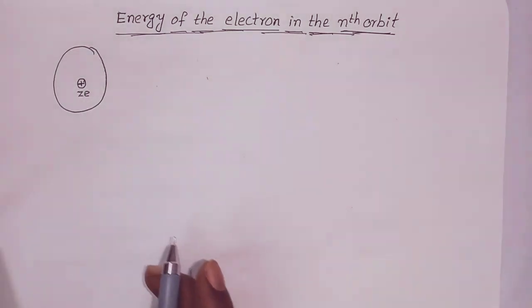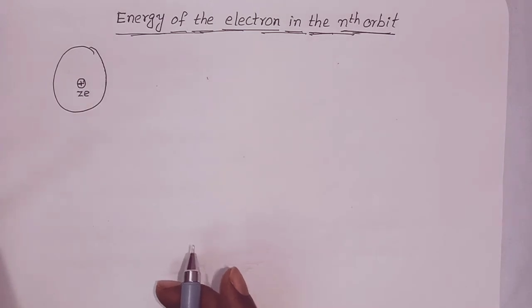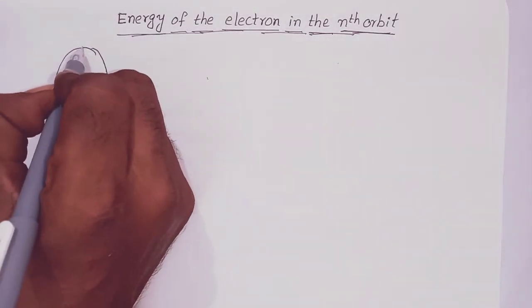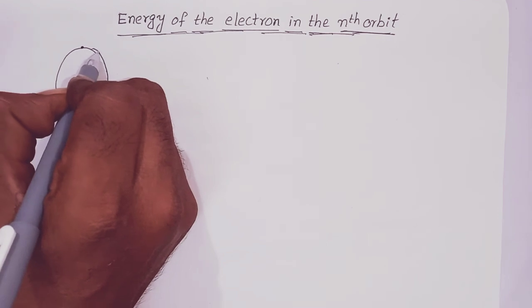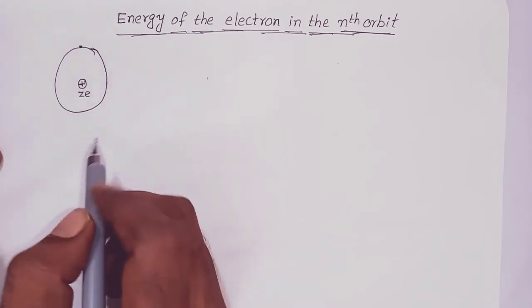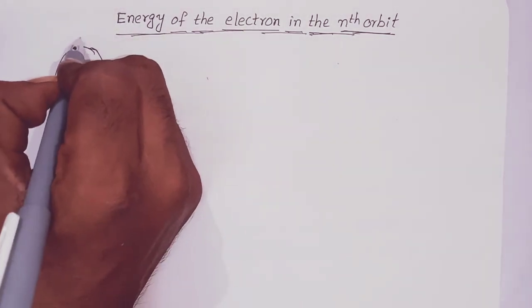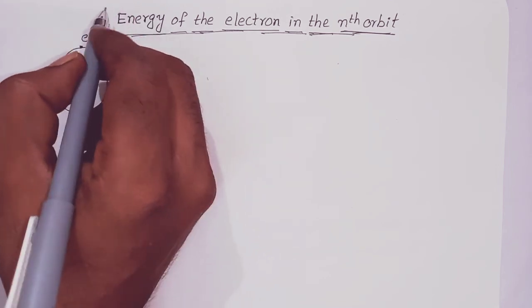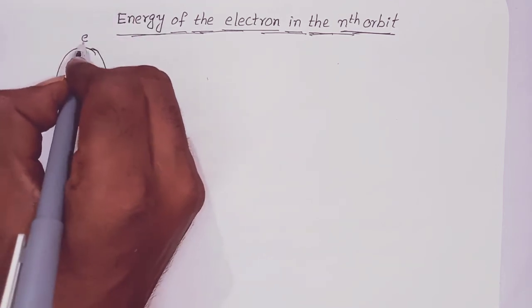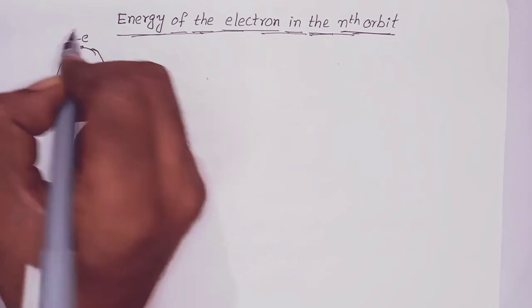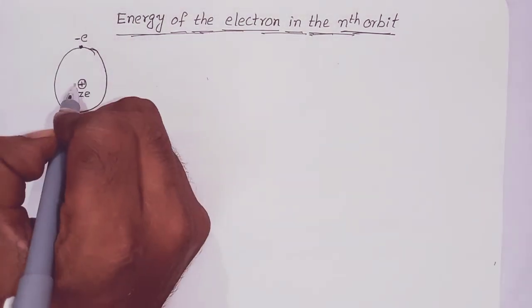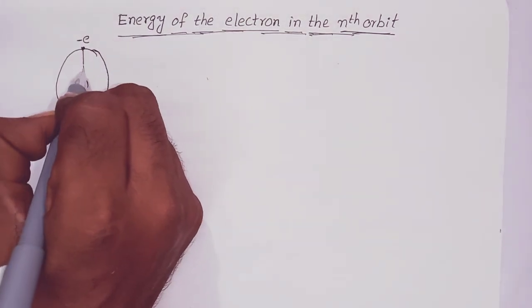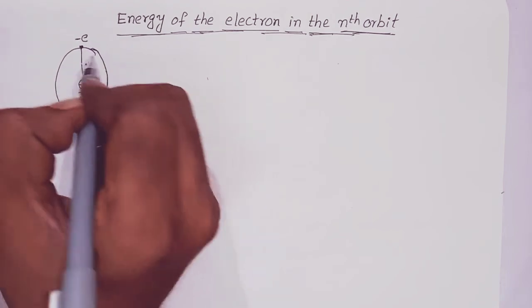Okay. And here one electron is revolving around this nucleus. And that is E, and this is the electron actually, and the charge of this electron equal to minus E. The distance from here to here is R, radius R.